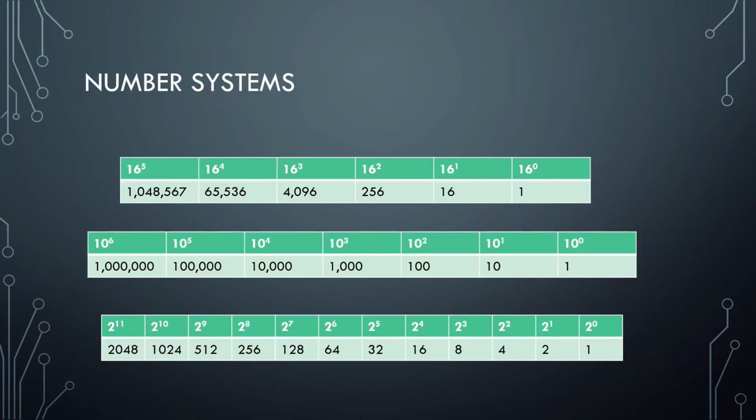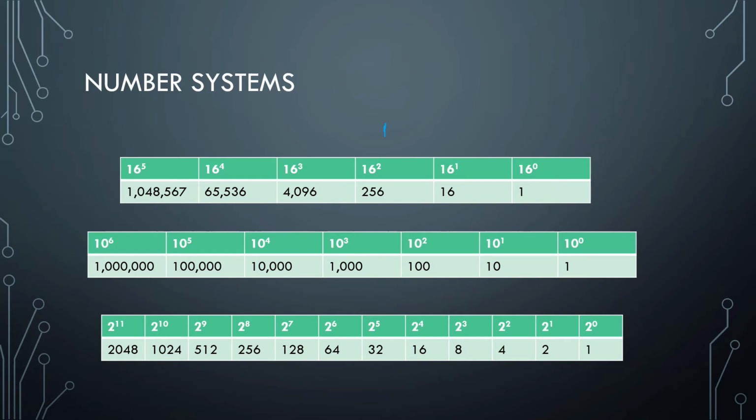Before we get to the letters in the hexadecimal system, I wanted to show you a quick comparison of all of the different number systems we've talked about. So on top is the hexadecimal number system and its place values. So if something is in this third place value right here, it is representing 256. That is that place value right there.